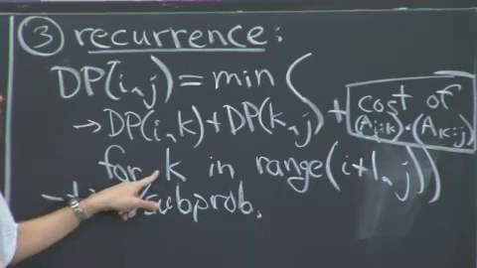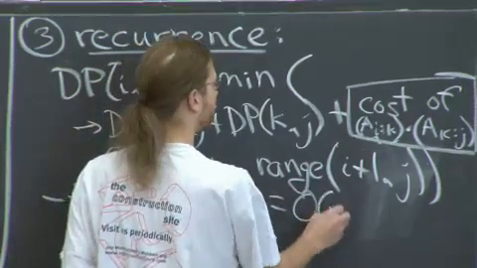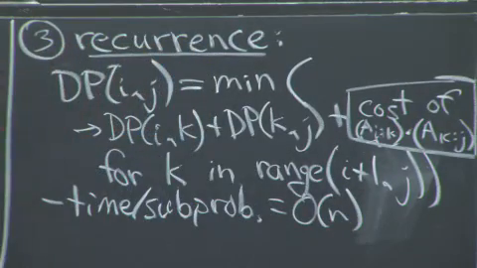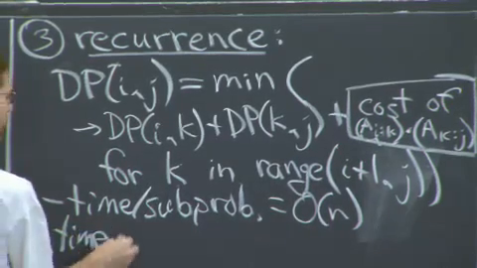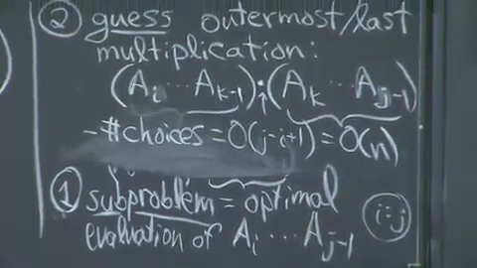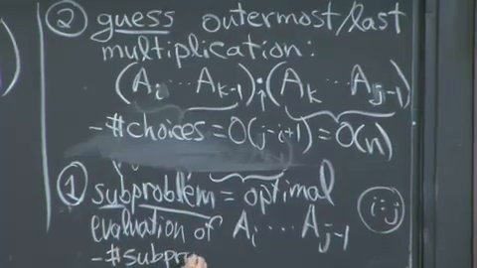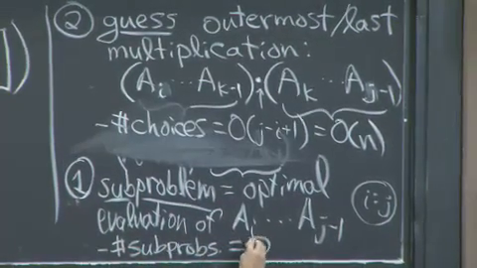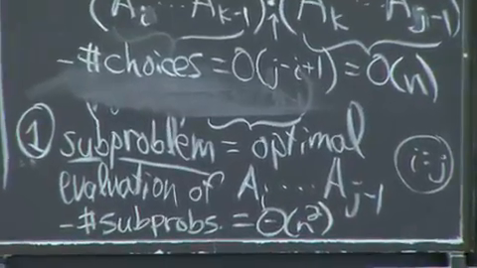So it's dominated by the length of the for loop, which we already said was order n. So it's order n time per subproblem, ignoring recursions. And so when we put this together, the total time is going to be the number of subproblems, which I did not write. Number of subproblems in step 1 is n squared. That's what we said over here for substrings.